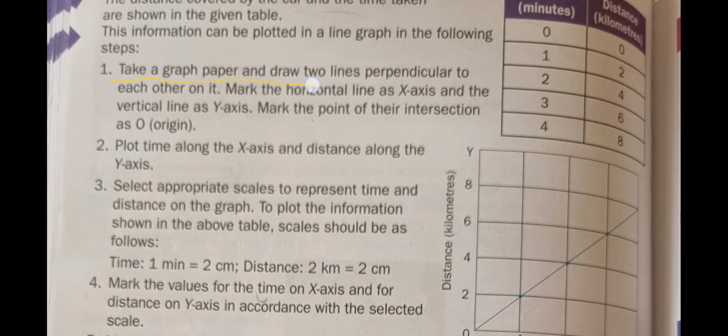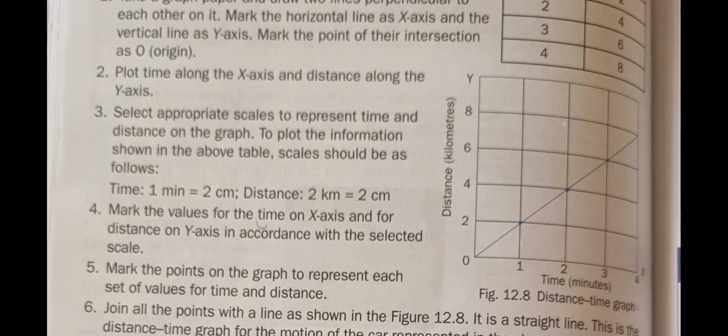Take a graph paper and draw two lines perpendicular to each other. On it, make a horizontal line as the x-axis and the vertical line as the y-axis. Mark the point of their intersection as origin O. You can see in the graph, this is the time in minutes and distance in kilometers. So we can plot the distance time graph like this according to the table.